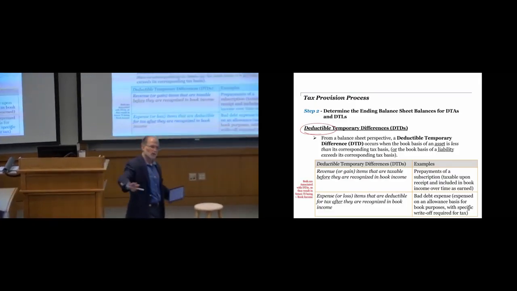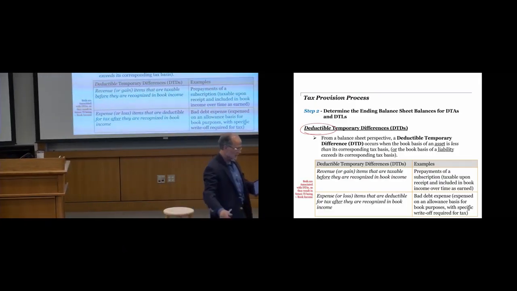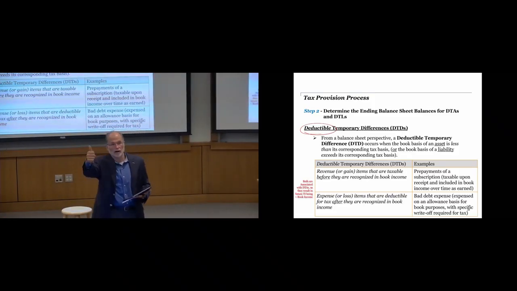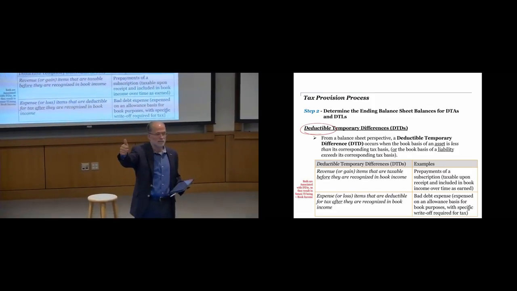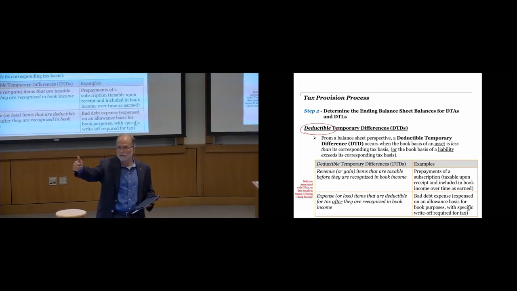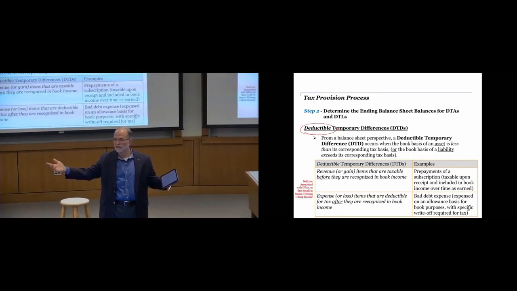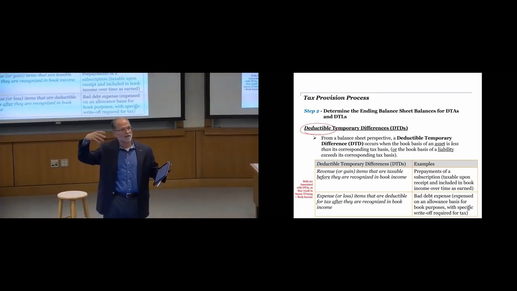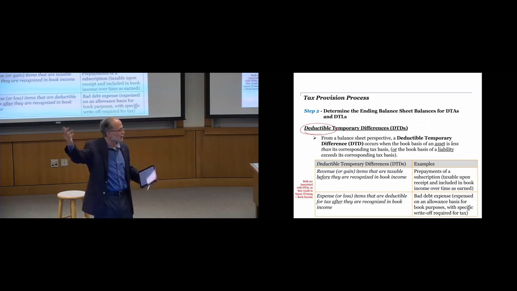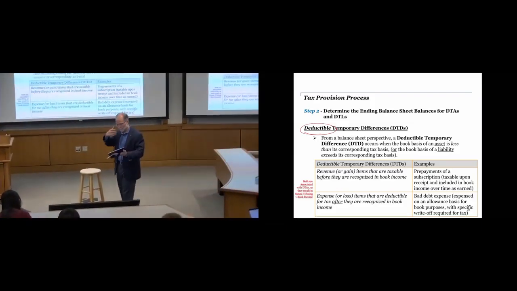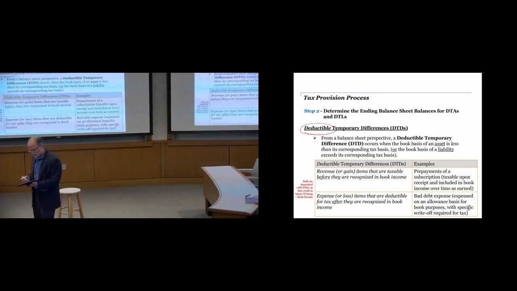Again, ignoring the parenthetical for a moment. The book basis of an asset is less than its corresponding basis. What do I always do? Deem a hypothetical sale at book basis. That's my amount realized, and my tax basis is higher. I have a loss. If I have a loss, that's a favorable item. That's a deductible temporary difference. Future benefit.